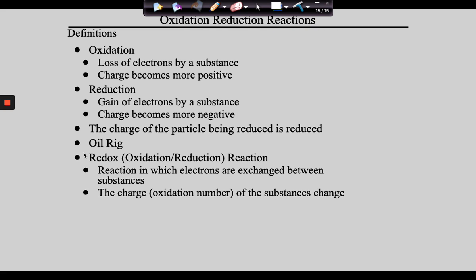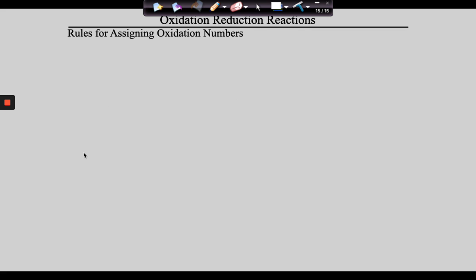In order to figure out what is being oxidized and what is being reduced, you need to know the charges, which we call oxidation numbers, of every single atom in a compound. In order to do that, you need some rules. So guys, I would encourage you to write these rules down. These are the rules for assigning oxidation numbers. There are 6 of them.